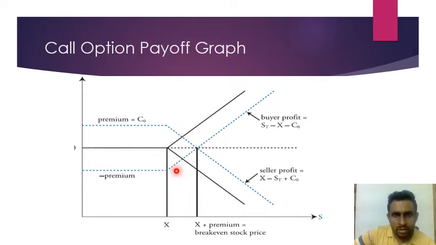As the stock price increases, the value of the call increases, and we'll be gaining this much profit, and we'll keep on gaining. For the option seller, he has sold and has got this much amount with him, and since the stock price increases, the call option value deteriorates and he will fall into losses. So this is how the call option works.